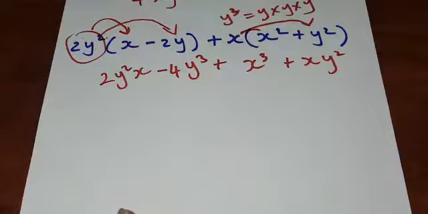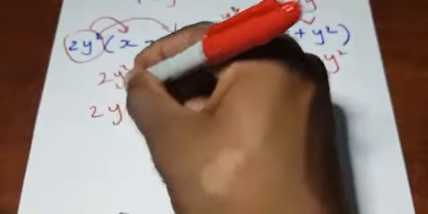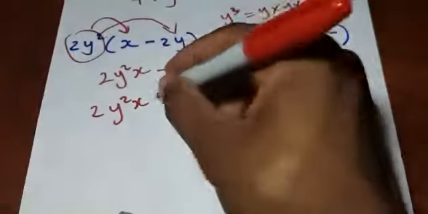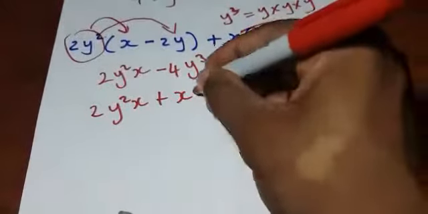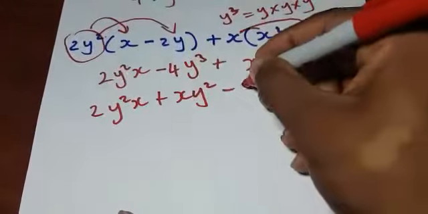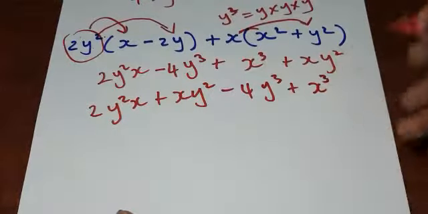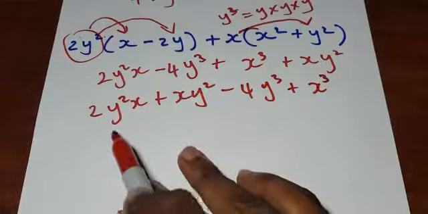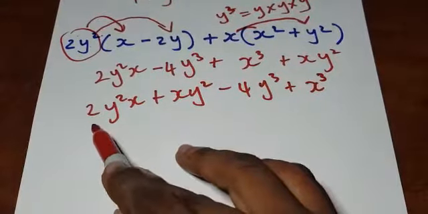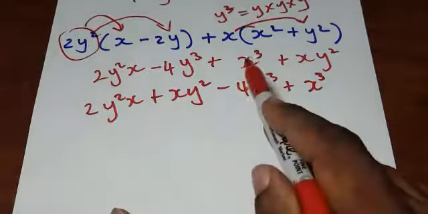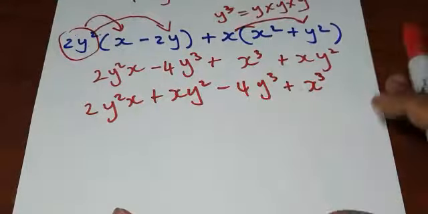So really and truly, you could rewrite when you're grouping 2y squared x plus xy squared. And you can actually continue from here, and the answer you should get is 3y squared x, right? So no problem.